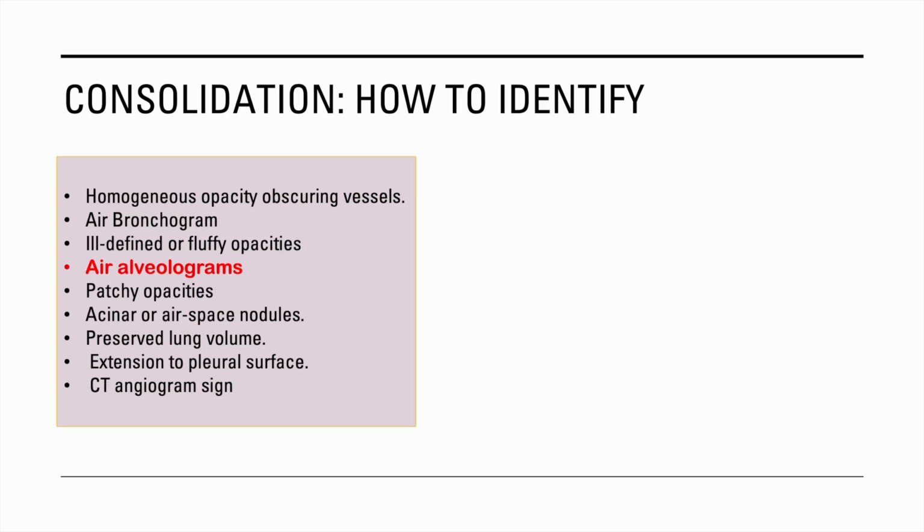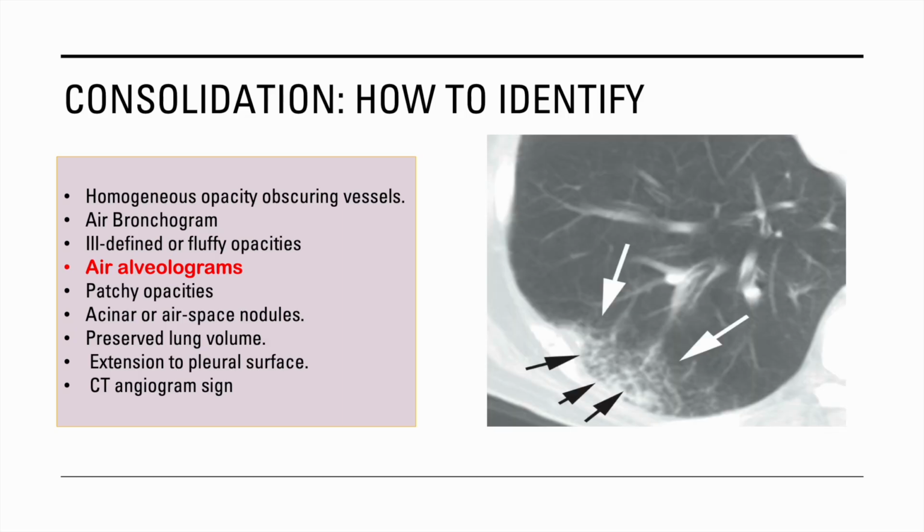Another finding is the air alveologram. This is a specific term for non-homogeneous, patchy consolidation with areas of normal alveoli in between. In this CT image, the white arrow shows patchy consolidation, and the black arrow shows loosened areas.